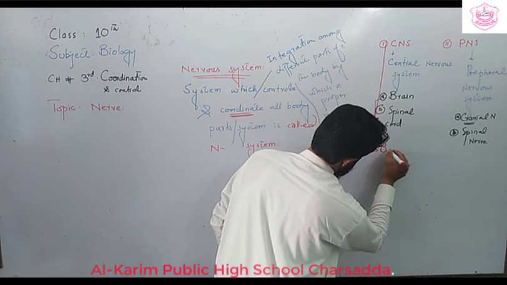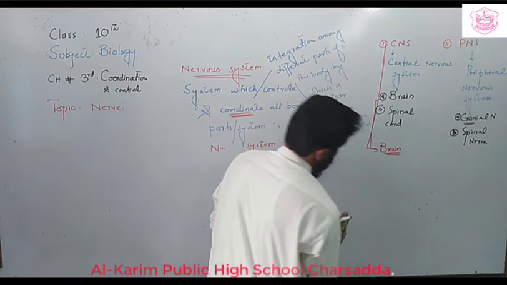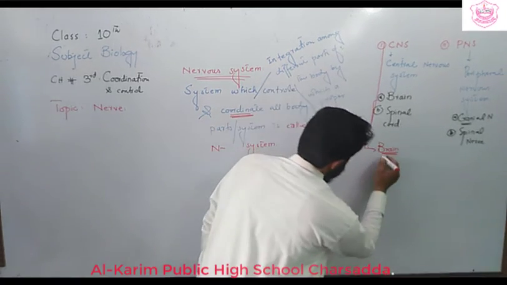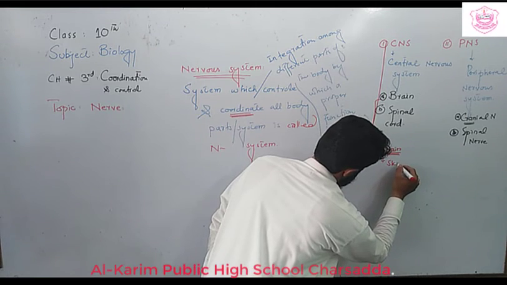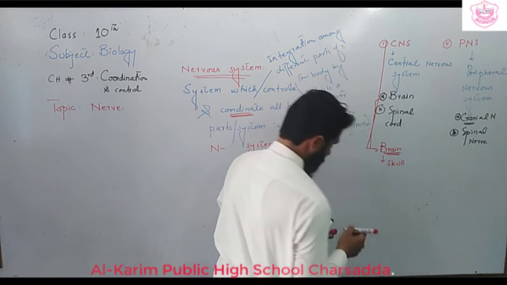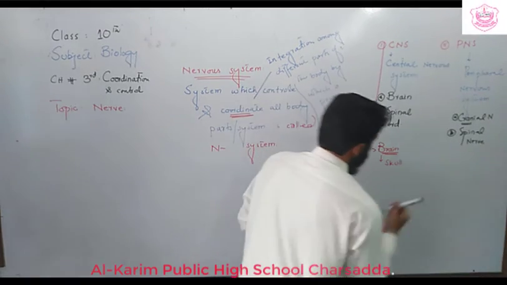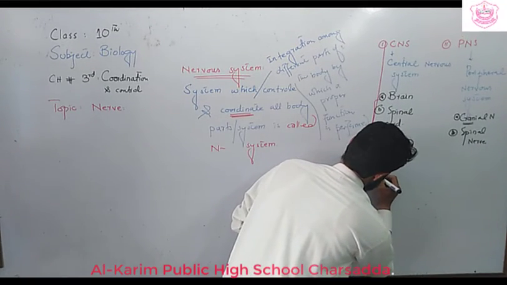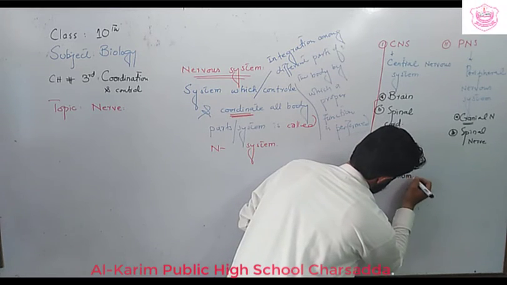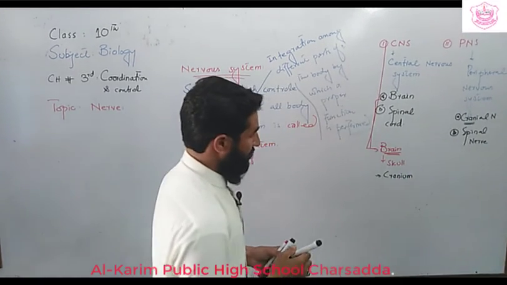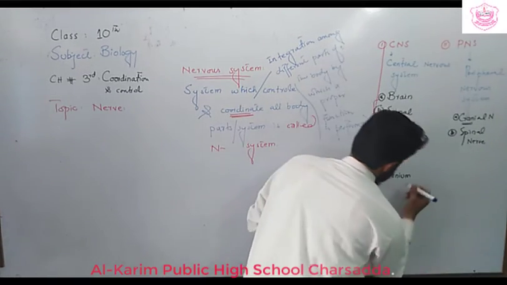Brain. Okay, first location. Brain is present in the skull, in a bony case or plate. That bony plate is known as what? Cranium. The strongest bone in the body is the cranium.